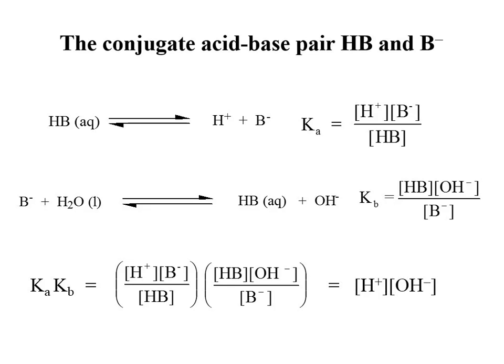And of course, you end up with Ka times Kb for a given conjugate acid-base pair equal to Kw, which is equal to the hydrogen ion concentration times the hydroxide ion concentration. That's what you have been using already, Kw. So that's just a proof to hopefully prove that to you.